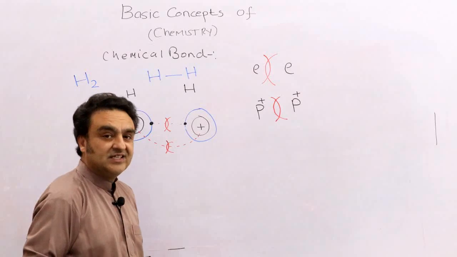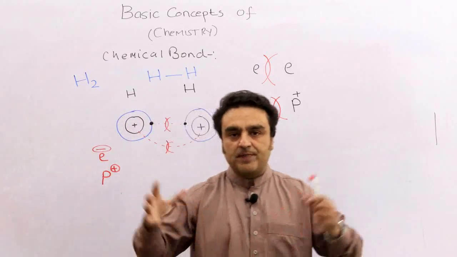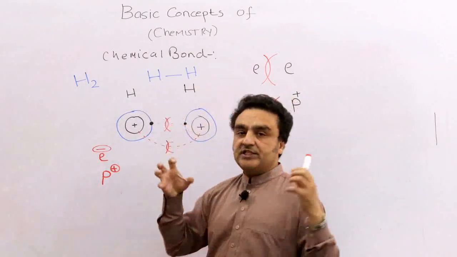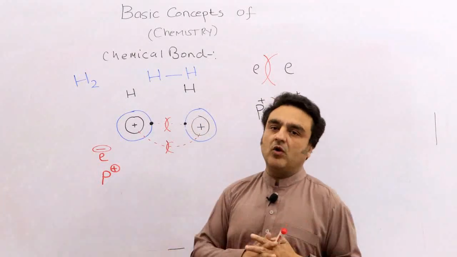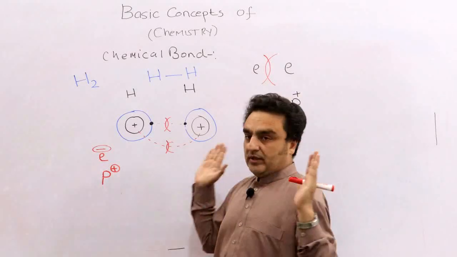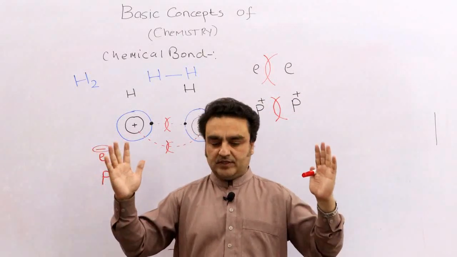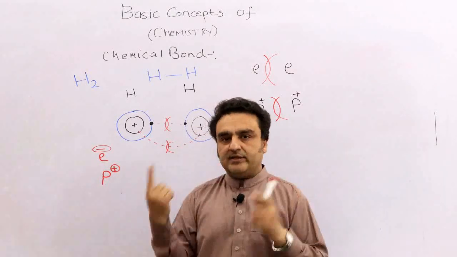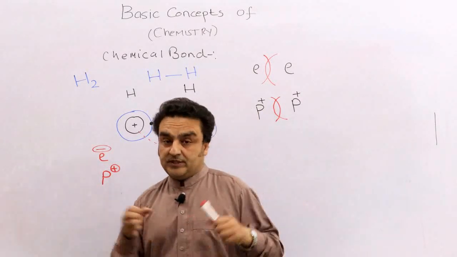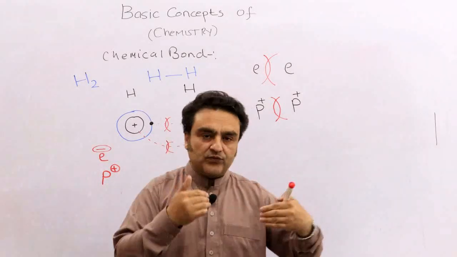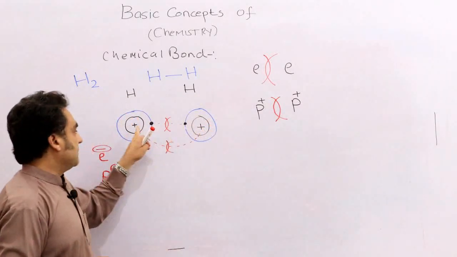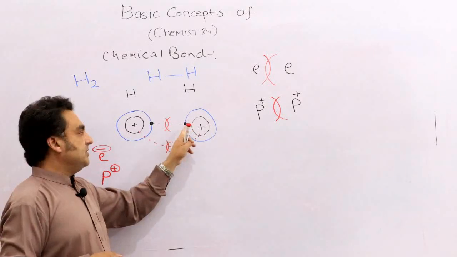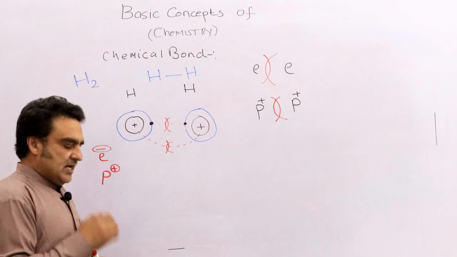And there is one thing: for formation of bonds, both atoms need to come at least to the bonding distance to form a bond. But as these atoms come together, electrons should repel each other and the proton of one nucleus should repel the proton of the other, and the electron of one atom's shell should repel this electron.